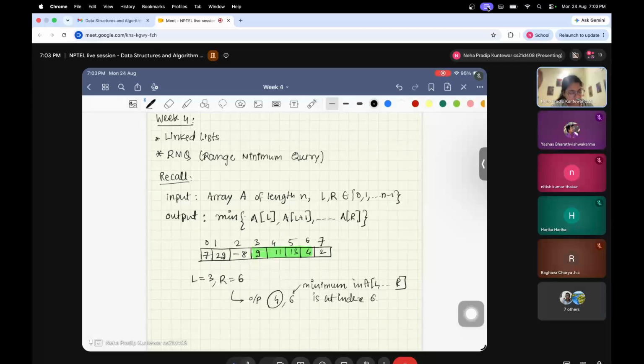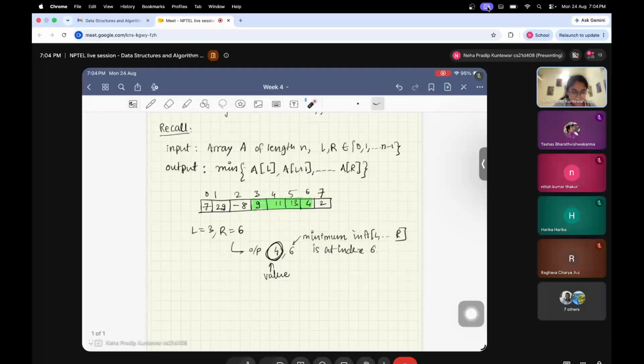But if you can solve for the value, then you can also find the index. That's not a big deal. So for the sake of discussion, I will probably not even talk about this. If you know a way of finding the minimum, then you can as well store the indices. That's just some extra memory that you are keeping track of, so you will also be able to extrapolate this.